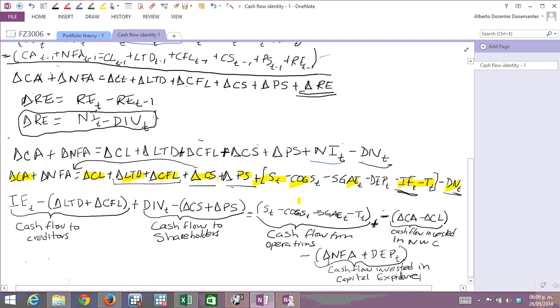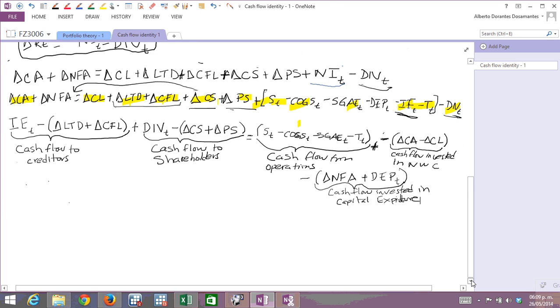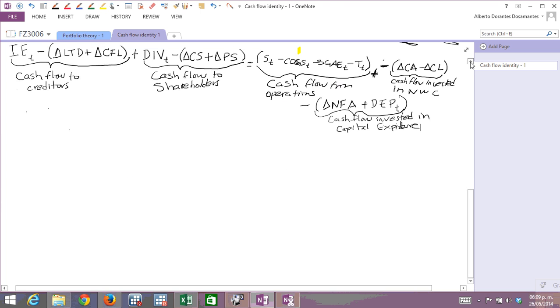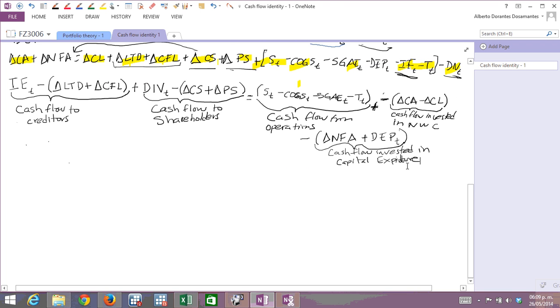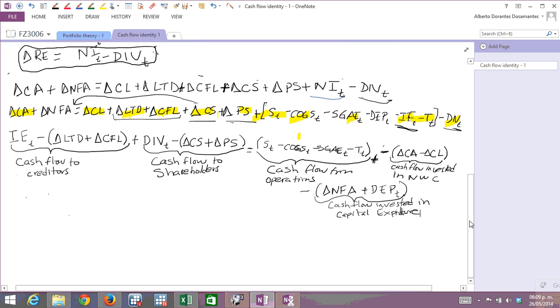Because it is the difference of net fixed asset, how much money the company invested in fixed asset from one period to the next, plus the depreciation. This is plus, but this is in a negative way. Then this is basically the money the company invested in capital expenditure.